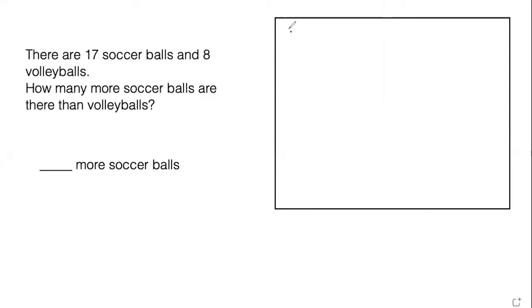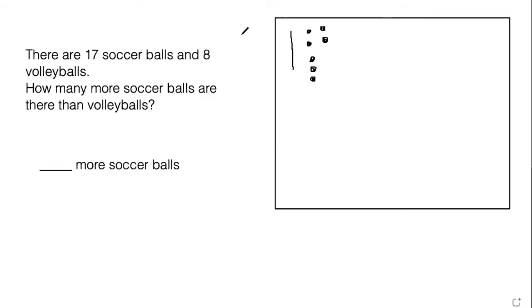We have one group of 10 and 1, 2, 3, 4, 5, 6, and 7 for a total of 17. We know that we have 8 volleyballs.